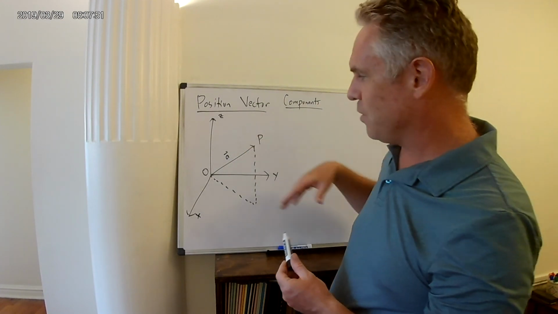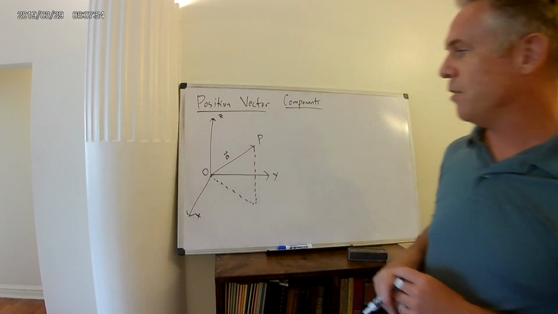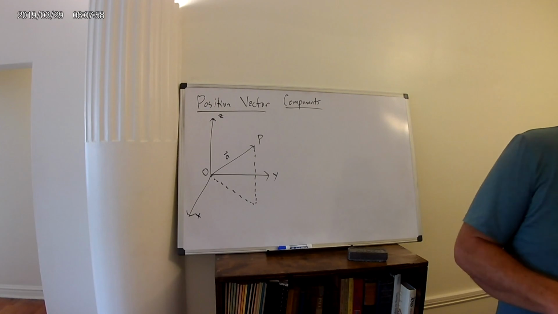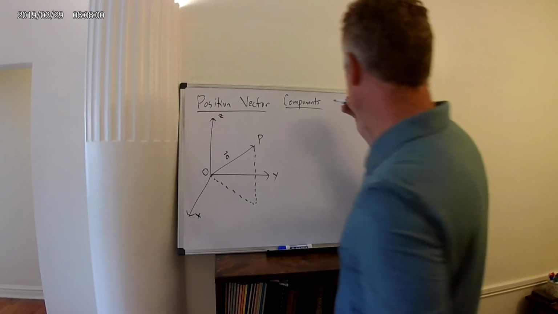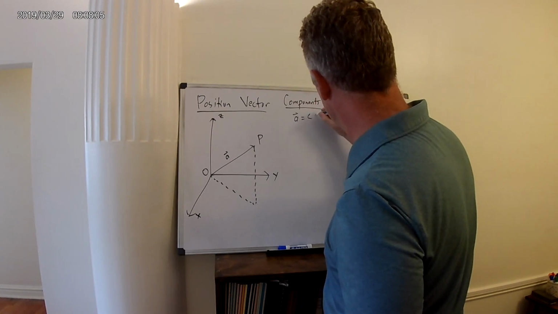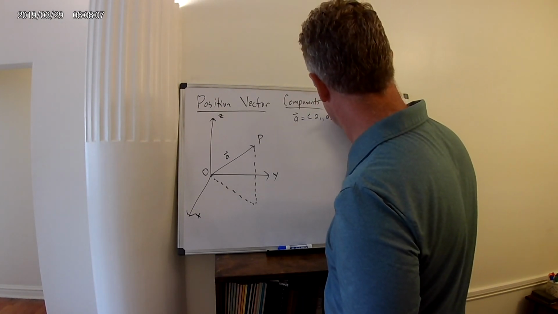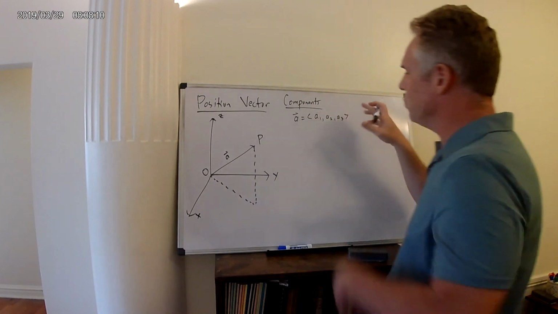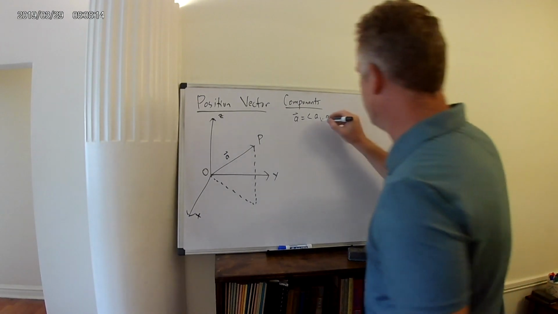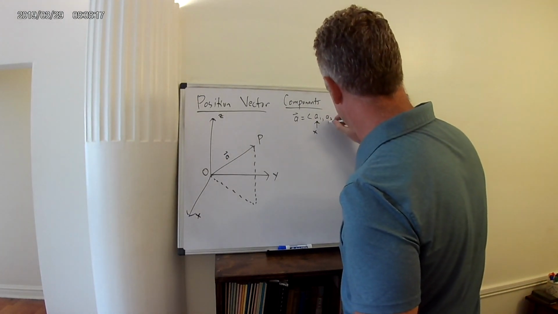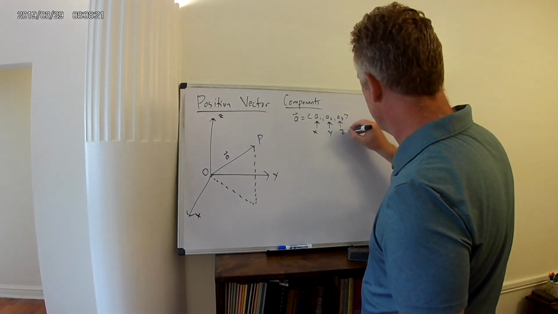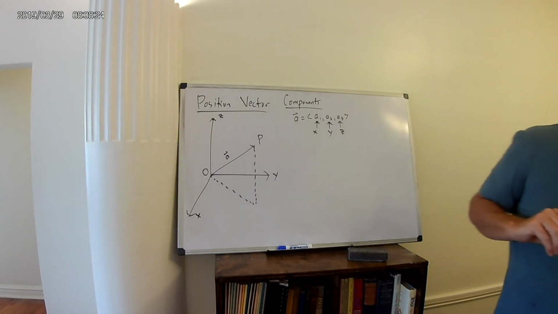So you can think of components as a projection of a vector onto various coordinate axes. And the way we do this is we can represent the vector A. We can write it in component form. And we write the components, we use these special brackets here. A1 is the x component of our vector A. A2 is the y component of our vector A. And A3 is the z component of our vector A.